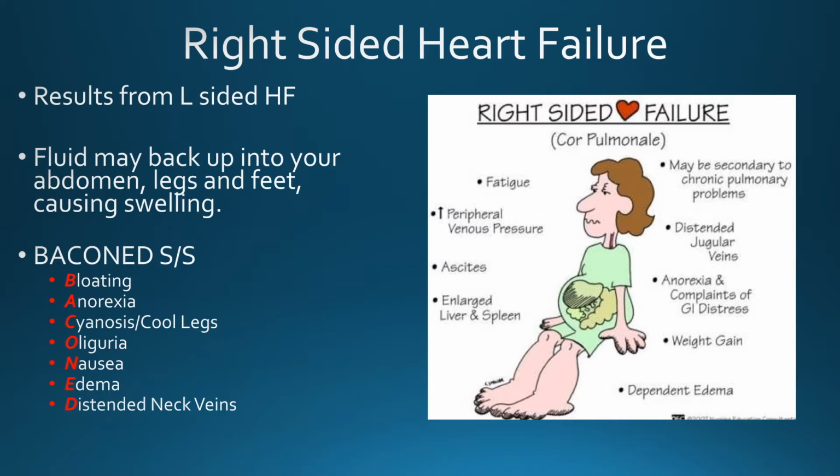Right-sided heart failure usually occurs as a result of left-sided heart failure. When the left ventricle fails, increased fluid pressure is transferred back through the lungs, ultimately damaging the heart's right side. When the right side loses pumping power, the blood backs up in the body's veins.